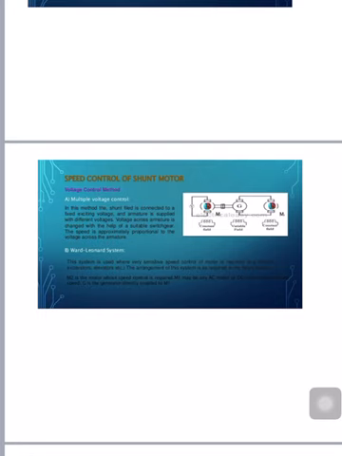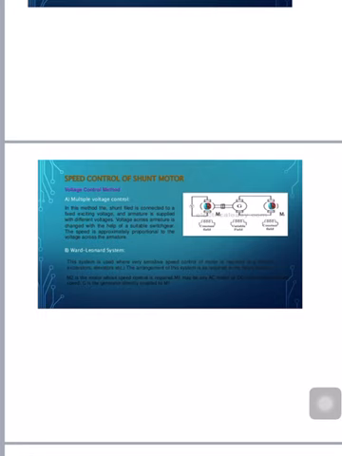The speed of the motor M2 is to be controlled, and it is powered by the generator, and the shunt field of the motor is connected across the DC supply. The generator G is driven by the motor M1.